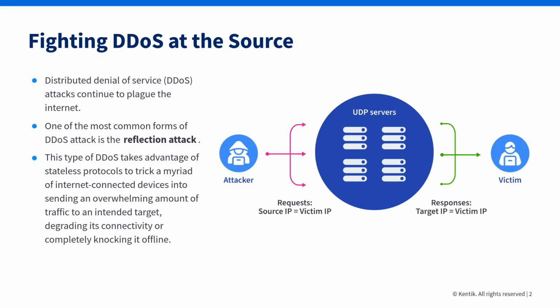So this is a type of attack that takes advantage of a stateless protocol by sending connections to many internet connected devices, usually making use of NTP or DNS, some kind of a UDP protocol that doesn't have a three-way handshake, and spoofing the source address as depicted in the diagram on the right, in order to make all those devices send traffic to the victim, which was the spoofed IP.